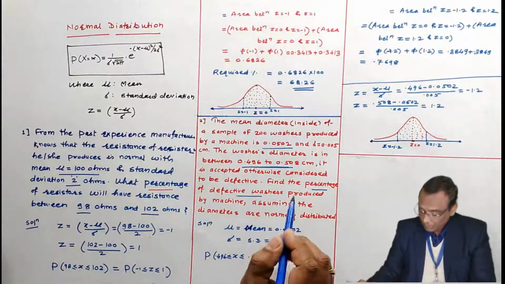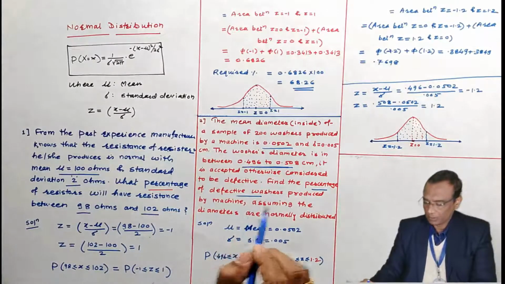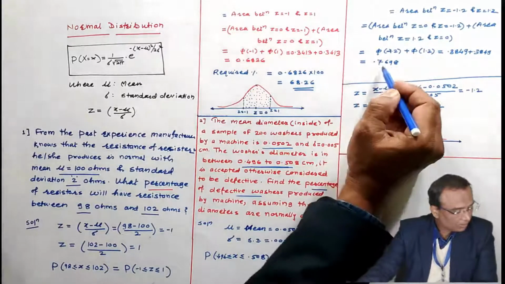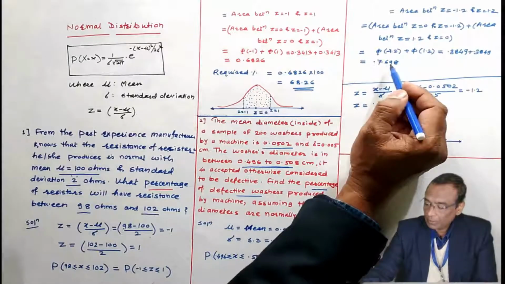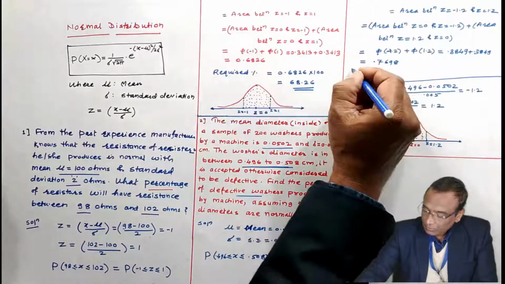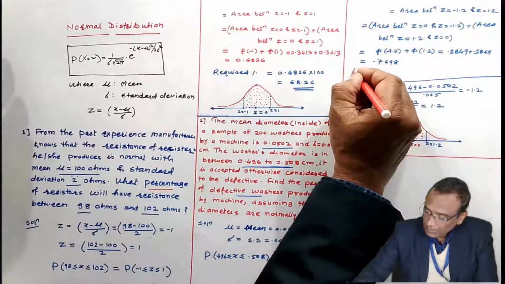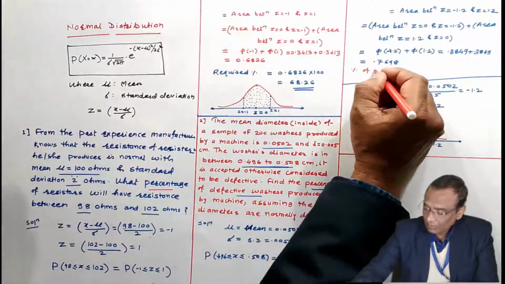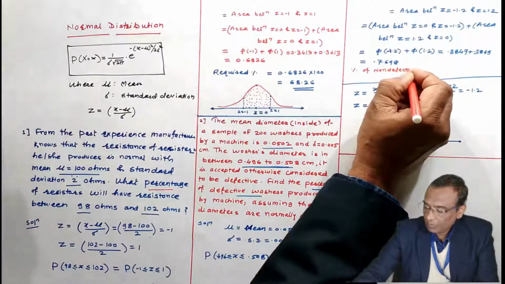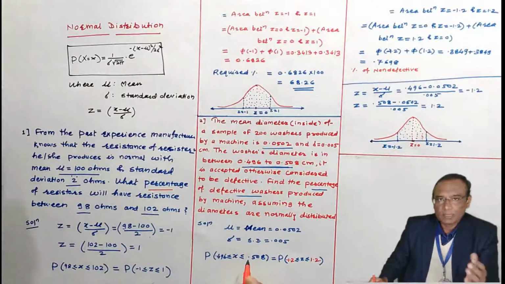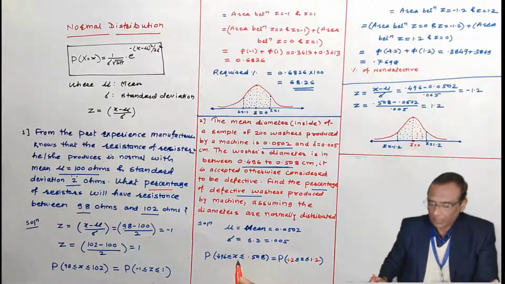And what do we have to find? We have to find the percentage of defective washers. Here I am writing the percentage of non-defective washers, because if the washer's diameter is between this, then it is accepted, otherwise it is rejected.